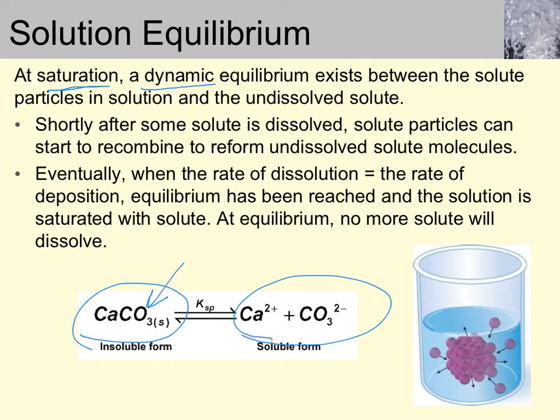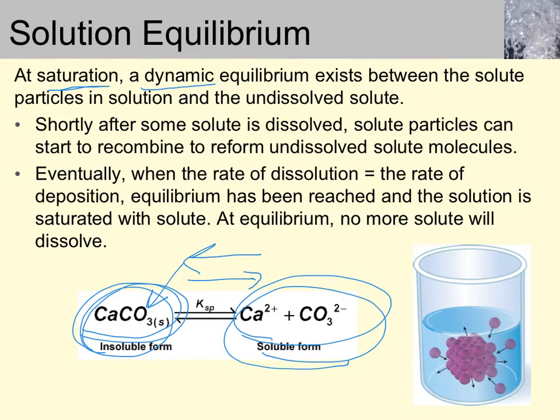What happens is undissolved particles continue to dissolve, and dissolved particles continue to reform and make the undissolved. So there's a back and forth motion in any solution equilibrium. A molecule one minute might be dissolved and the next minute might not be. It might switch places with another one. So that is a dynamic equilibrium.